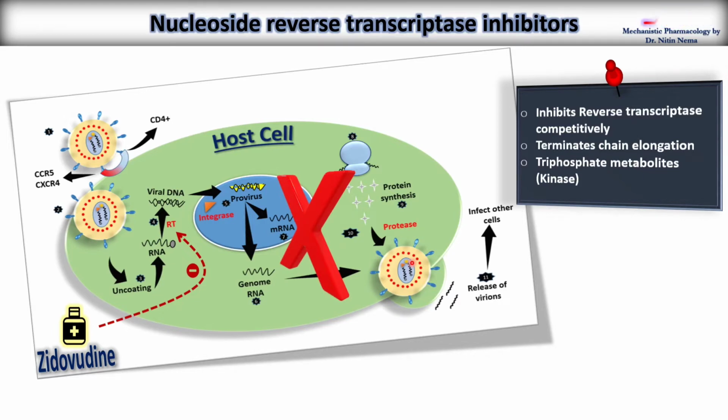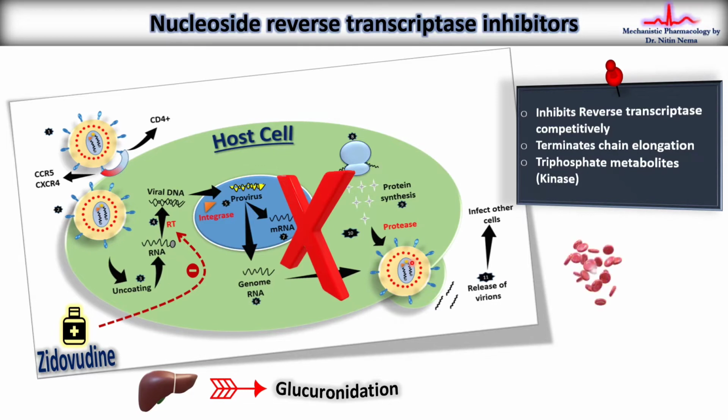Friends, this drug is 30% bound to plasma protein and gets metabolized in the liver through glucuronidation. Due to partial inhibition of cellular DNA polymerase, the most serious toxicity is bone marrow suppression, anemia or granulocytopenia.